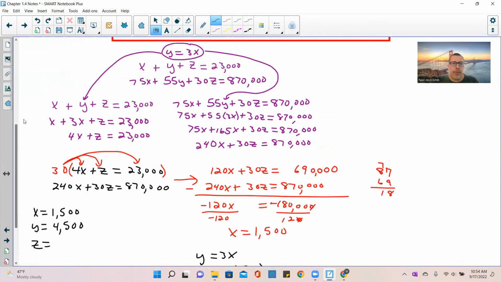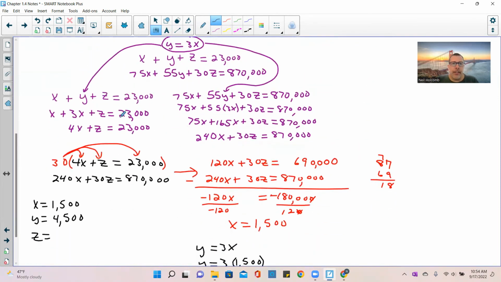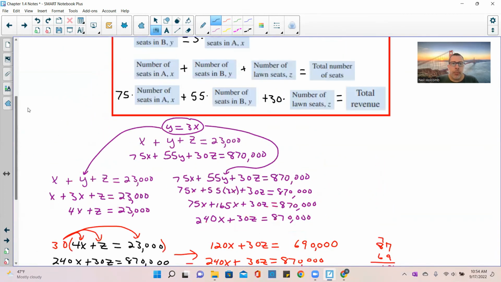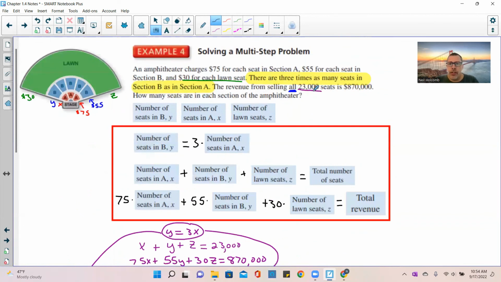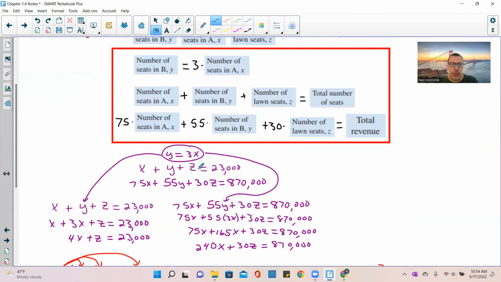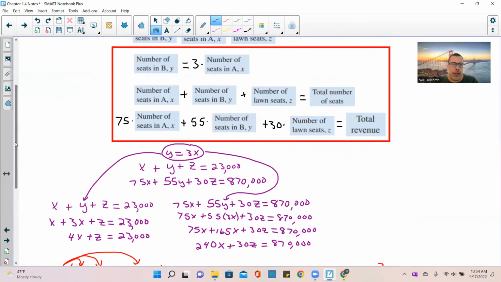Okay. And then to find z, we can use our x plus y plus z equals total number of seats. There is a total of 23,000 seats, and we have an equation x plus y plus z equals 23,000.